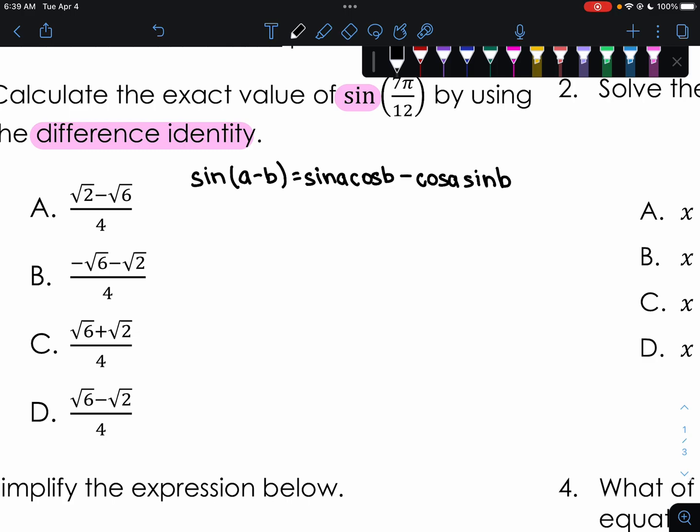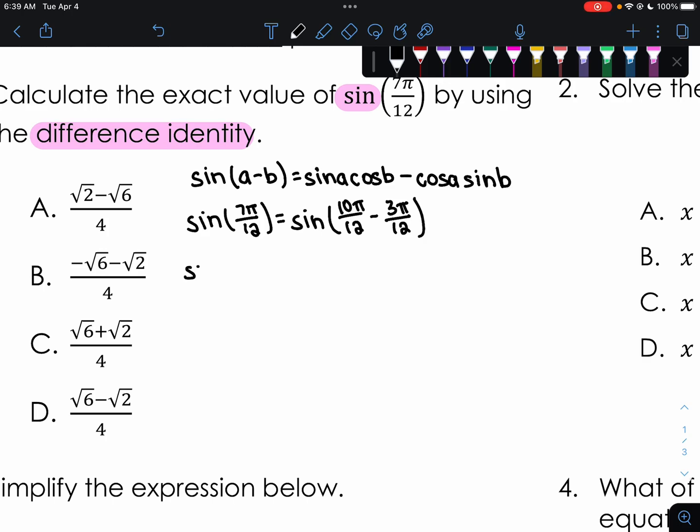So two values that subtract, well, I know 10 minus 3 is 7. So if I split up 7 pi over 12 into 10 pi over 12 minus 3 pi over 12, let's see if those are two values that we know.